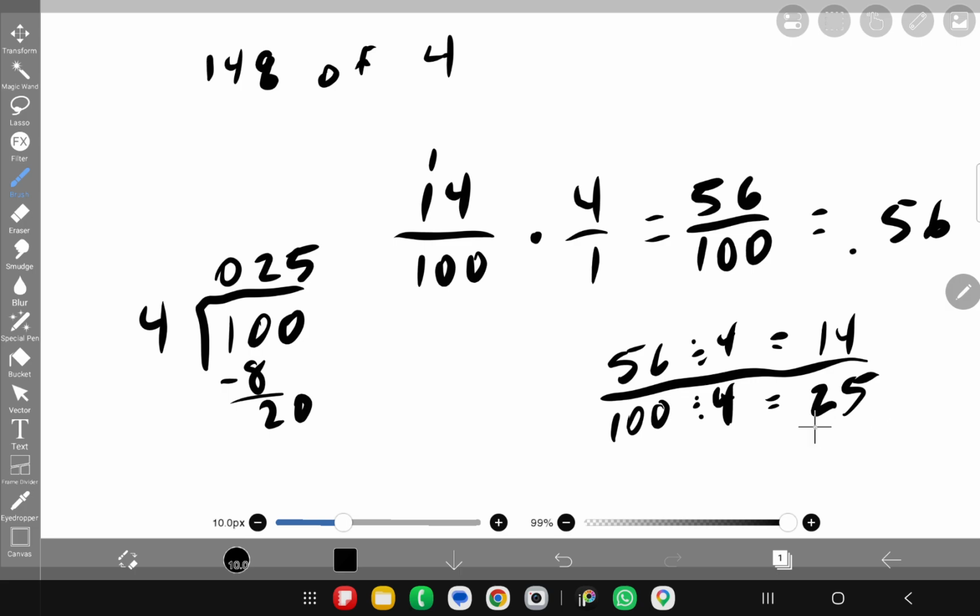So we get our 25 that we got here. And this is our mixed fraction.